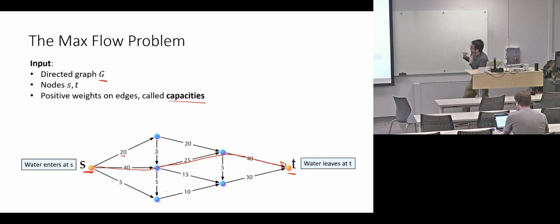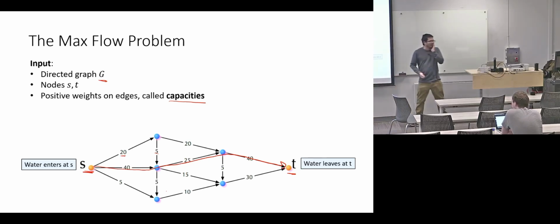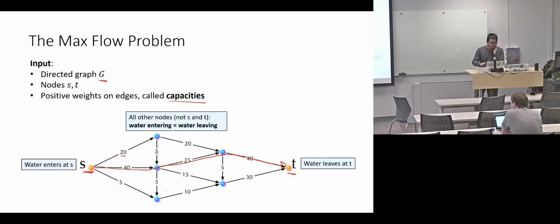And you try to send this water from source to sink as much as possible. But you need to respect the capacity on each pipe. The edge is like a pipe. And so what does it mean to send flow? To capture this intuition, for every node that is not the source or sink, the amount of water that is sent through it is the same as the water that leaves it.